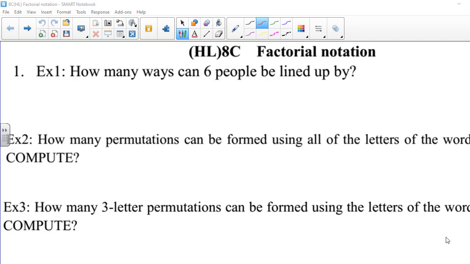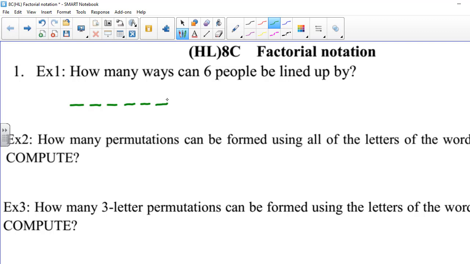How many ways can 6 people be lined up? You want to line up 6 people, one by one. The first step, you line up the first person, then the second person, and then the third person, and then the fourth, and then the fifth, until you finish the last person.